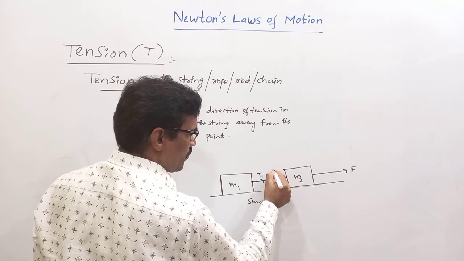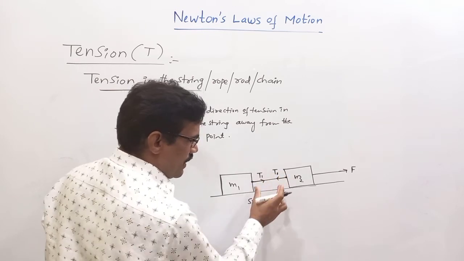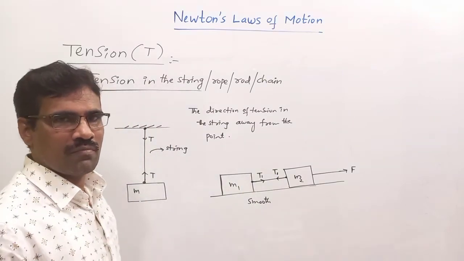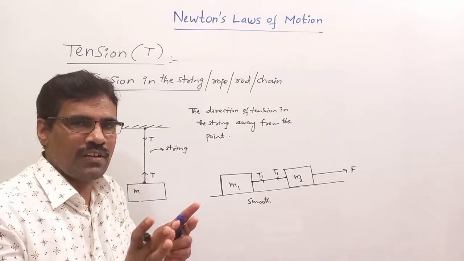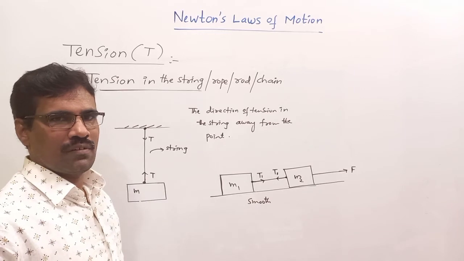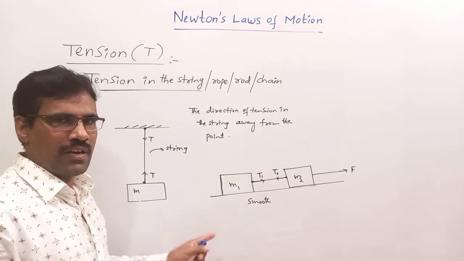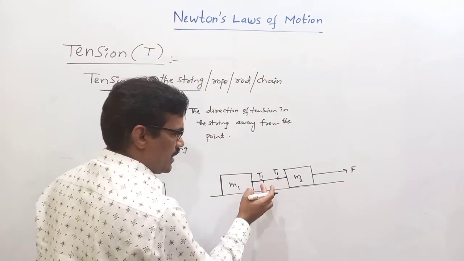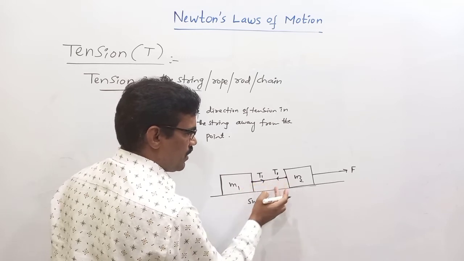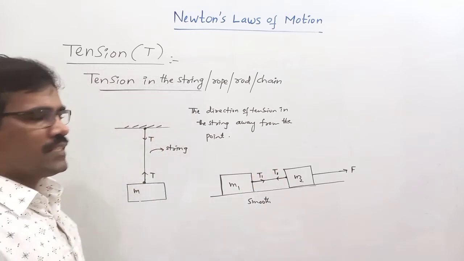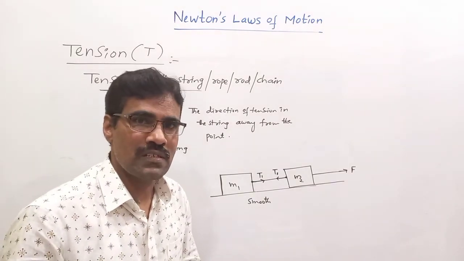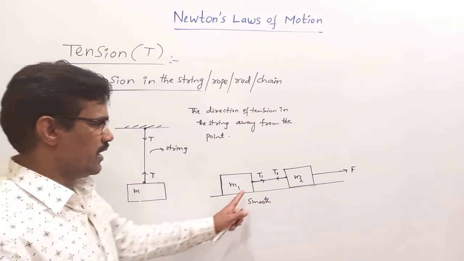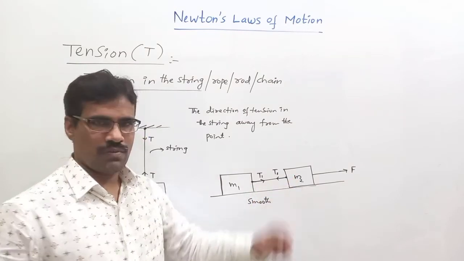It is away on this side, also T1. For the same string, tension remains the same. If the string changes, tension changes; otherwise, tension remains the same. Here T1, here also T1, at this point also T1. The string is inextensible, massless, and remains taut. That's why tension remains the same throughout.